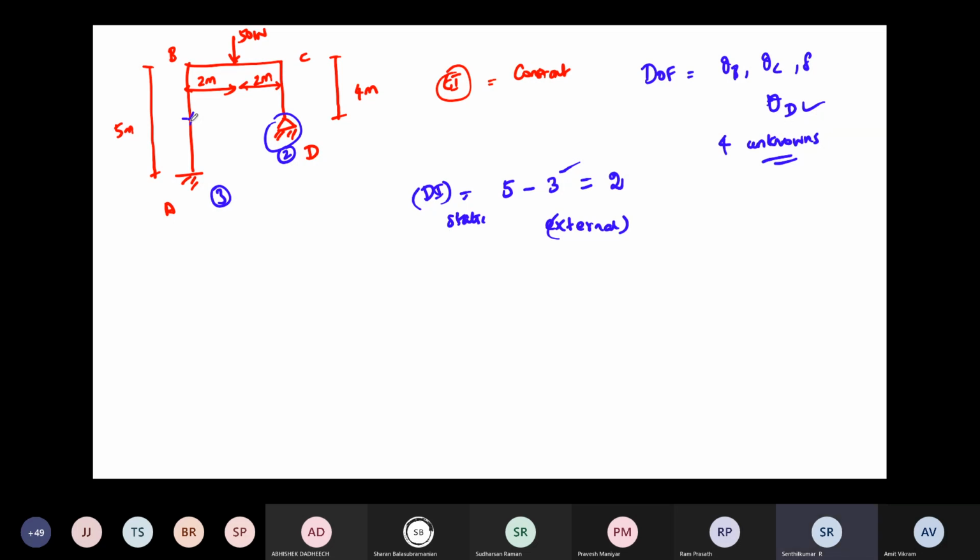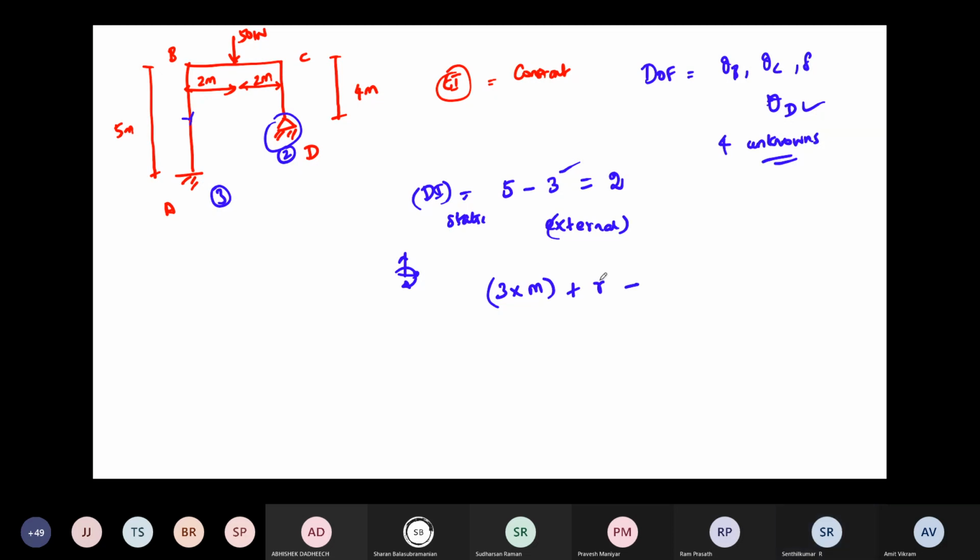One member itself, how many unknowns will be there? One horizontal, one vertical, and one moment. So 3 unknowns will be there in each member. Then plus reactions. Reactions are also unknowns.